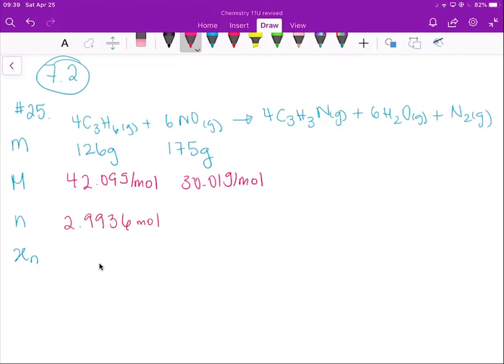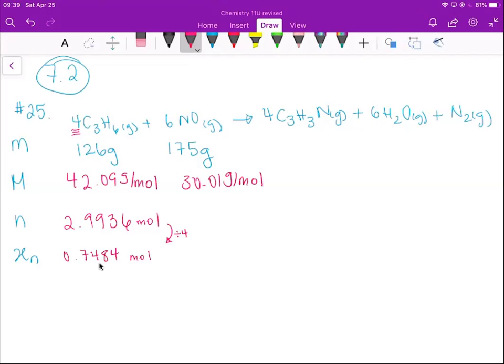Am I going to leave it at that? No. I have to account for my coefficient of 4. Because 4 of these, I think it's propylene, are going to react with 6 nitrogen monoxide. This ratio will affect which one's limiting, and so you have to always divide by the coefficient.